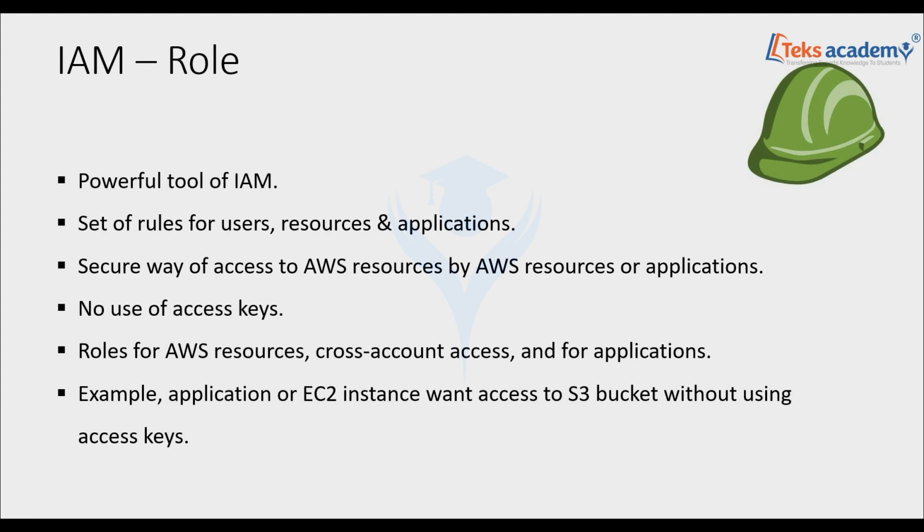Similarly, in the applications, the developer can use these roles for granting permissions to the applications for accessing the services or the resources in AWS. So it is the secure way of accessing the AWS resources by the AWS resources or applications.